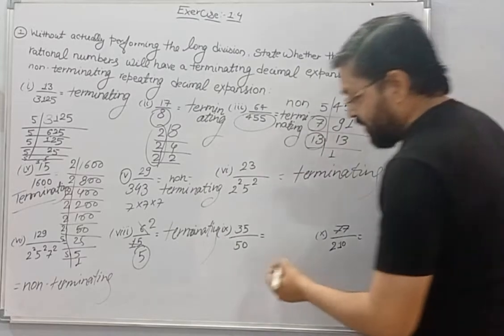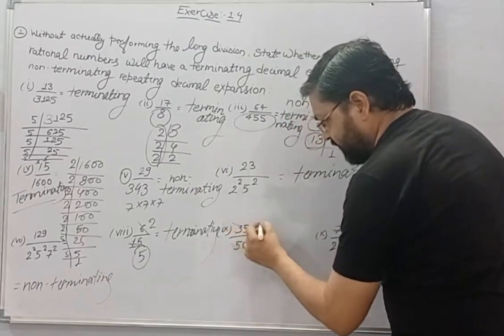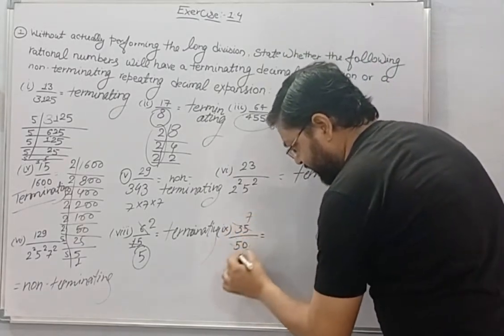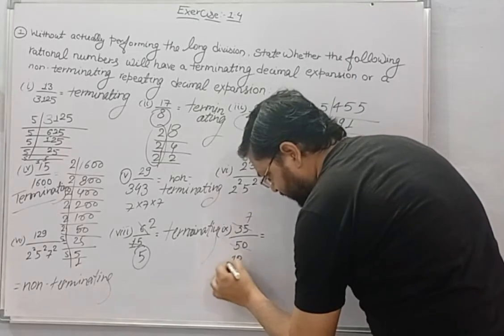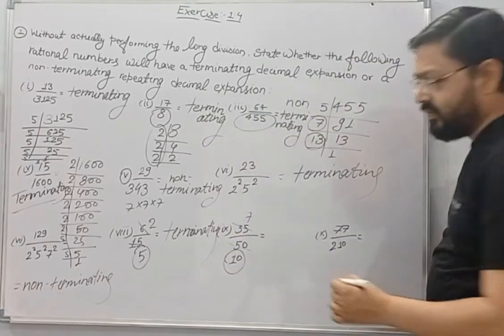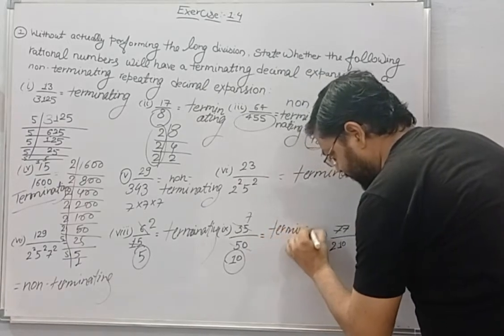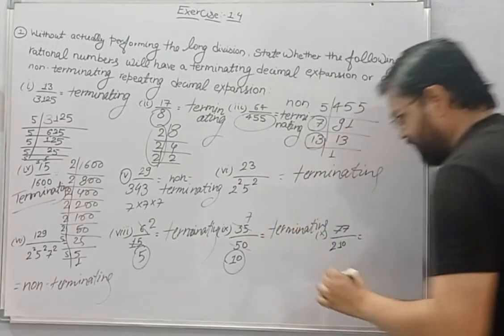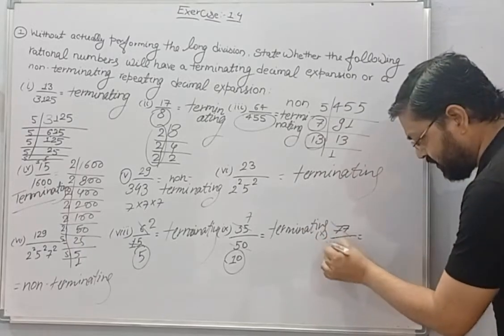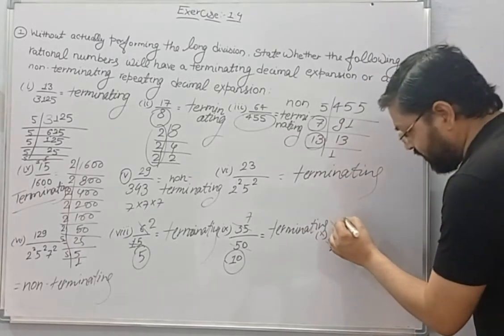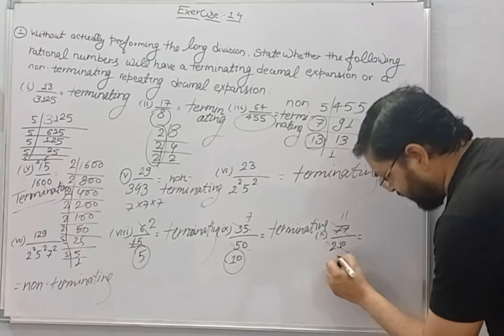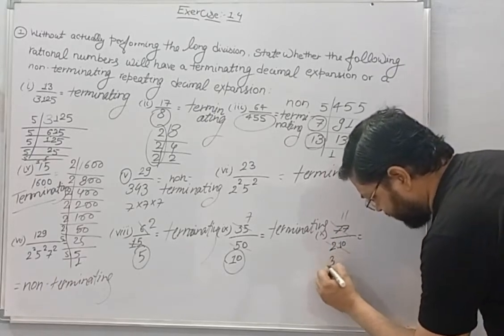Here come to 7 upon 10. You know the factor of 10 is 2 into 5, terminating. Now come to the simplest form, 11 upon 30.